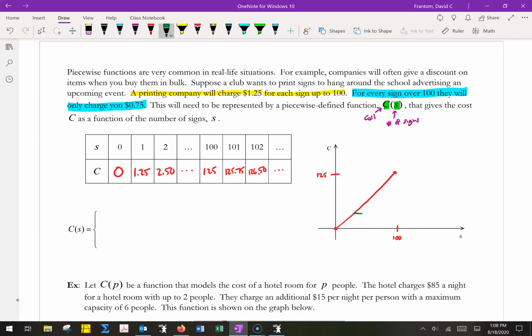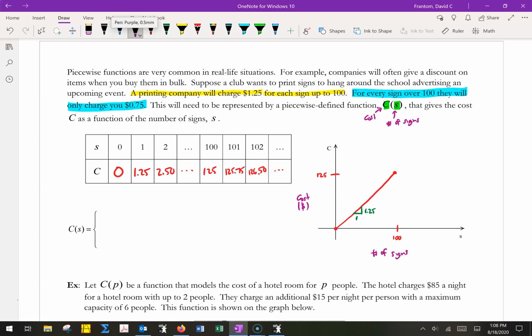So your slope on this would be over 1, up 1.25. So for every sign, remember this is the number of signs on the S-axis, and this is the cost in dollars. So for every sign, you get charged an extra $1.25.